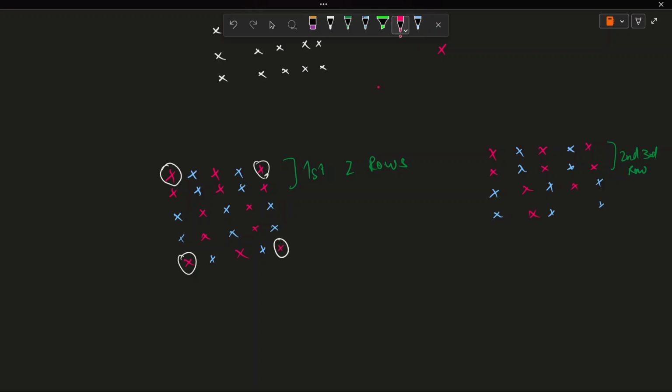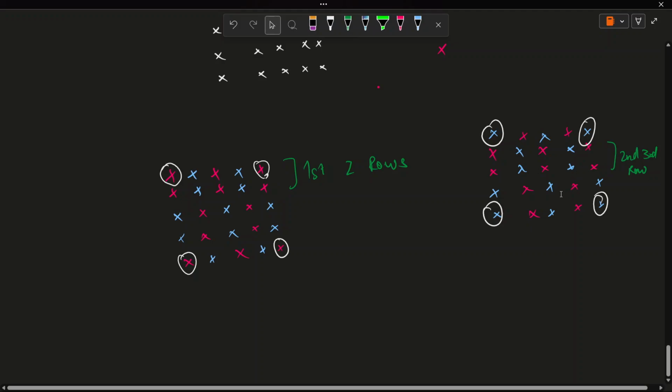In a similar manner as before, the top row will also be fixed, because if this is red, then these 3 points form a wrong triplet. So this has to be blue, this blue, this blue, this red, and this red. Only two rows were given, and we have forced every other entry. Again, these 4 points contradict the case. So we are done for the first two rows and the second and third rows.